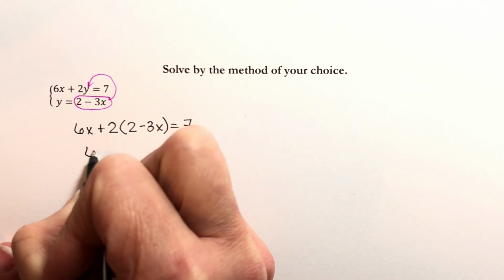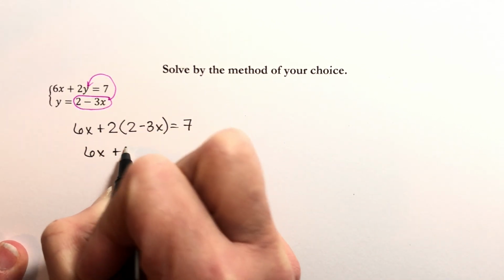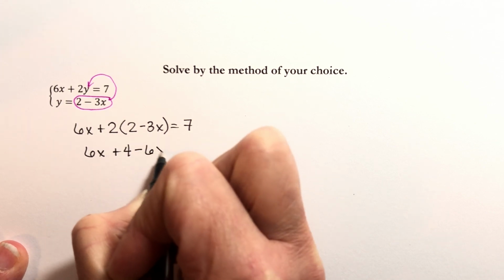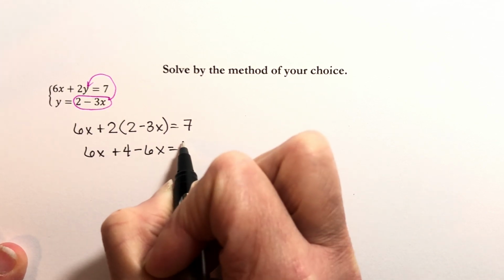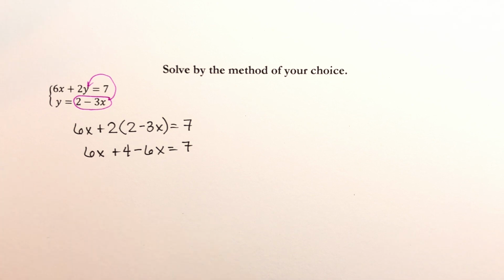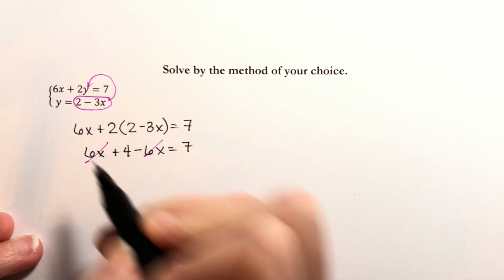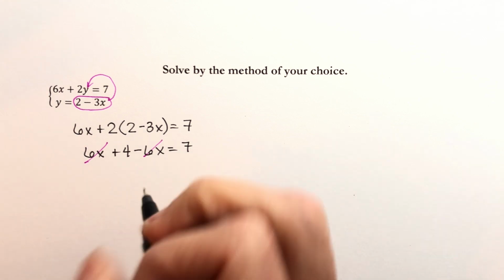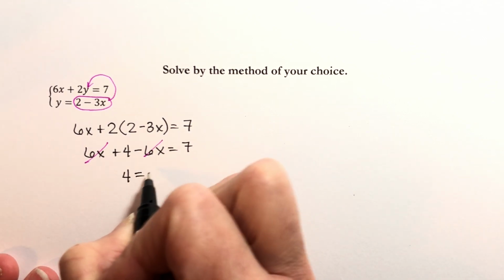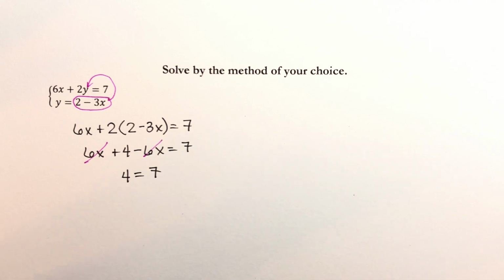Distribute the 2. 6x plus 4 minus 6x is equal to 7. Now, something weird happens here. Those cancel out, and I end up with 4 equal to 7. Now it's obvious something weird is happening here, okay?